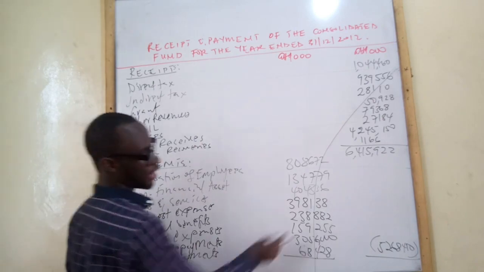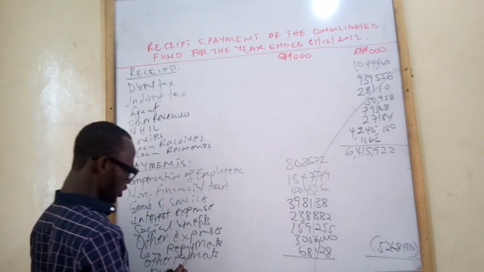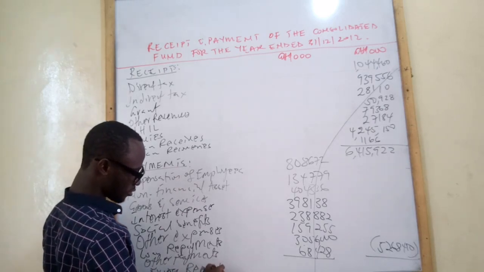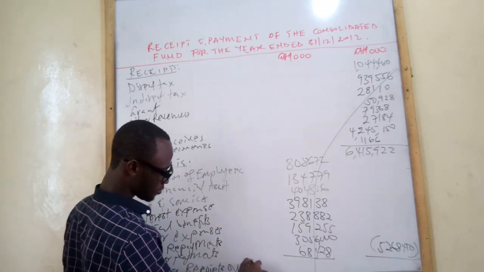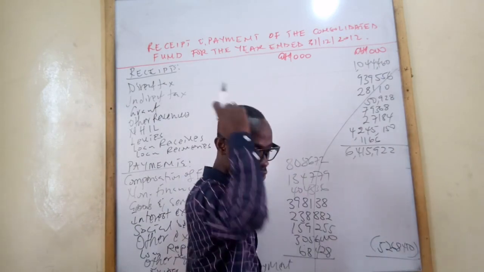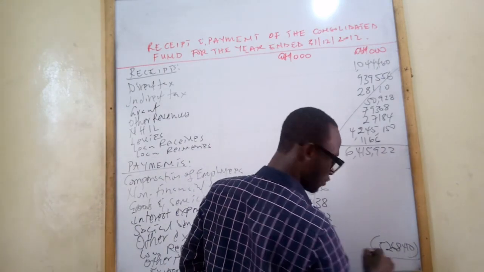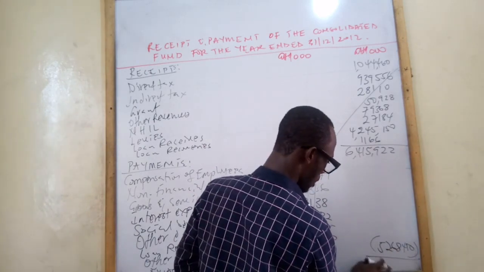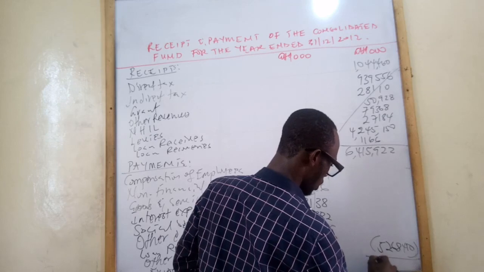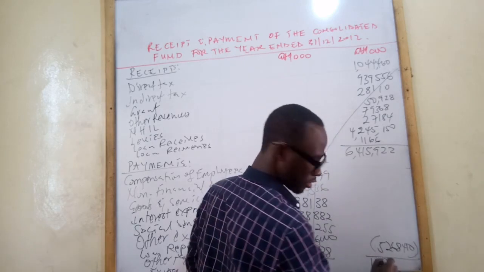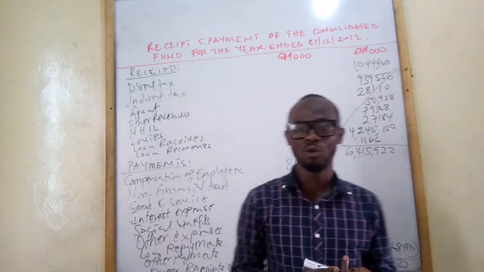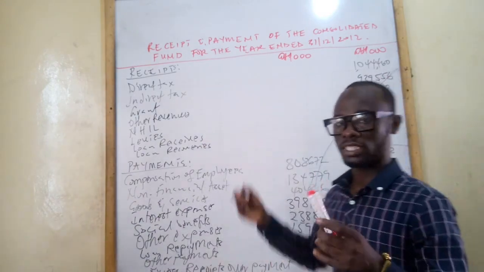Now the receipt is more than the payment, so this is going to be excess receipt over payment, sort of a surplus, and that is going to give us an excess of 1,147,432.